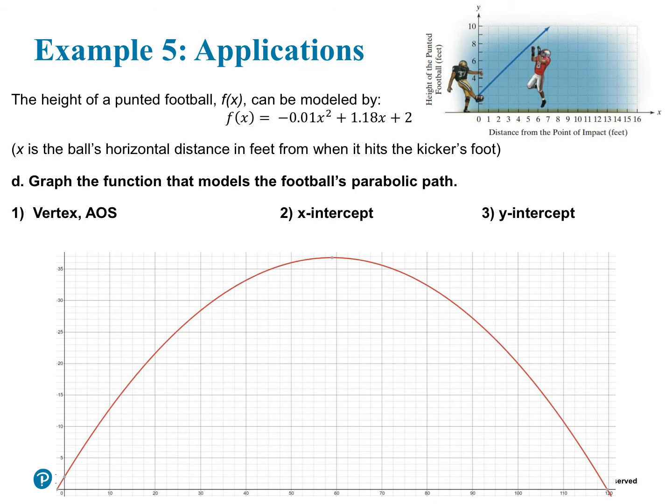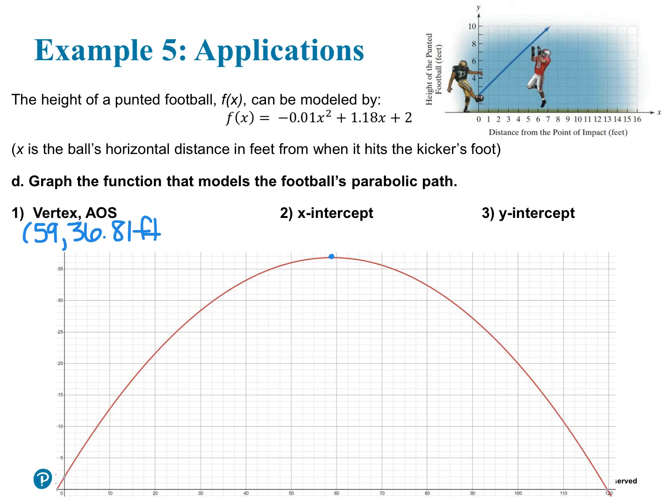Okay, last slide. So now we're going to graph it. So the vertex, which is also the axis of symmetry, we said the vertex was 59 feet and then 36.81 feet. So you can see this little gray dot here. I'll make it blue.